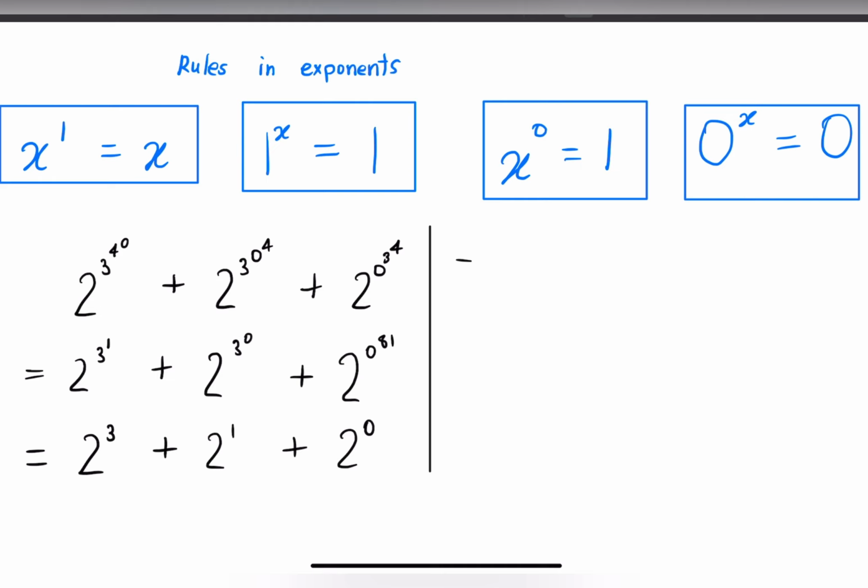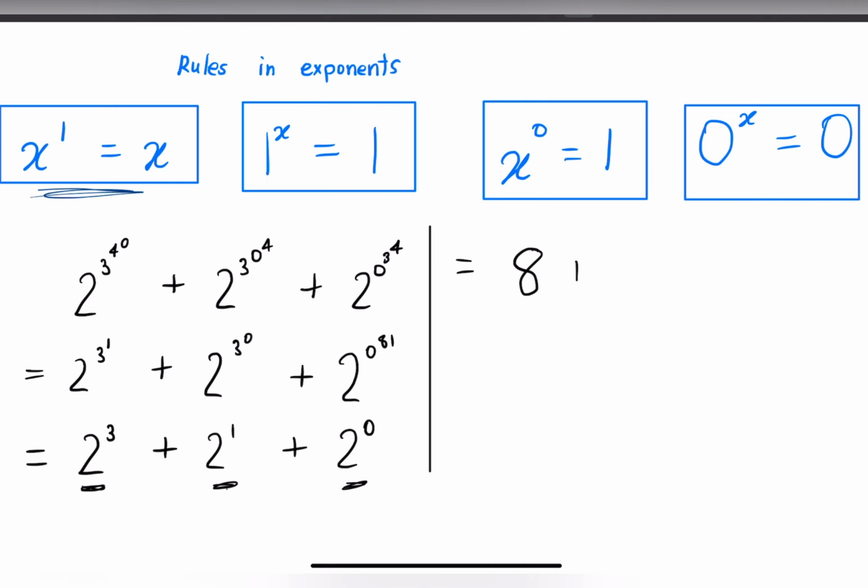So we're going to go ahead and simplify the equation because we have 2 cubed plus 2 to the power of 1 plus 2 to the power of 0. So 2 cubed is 8, because that's 2 times 2 times 2, which is 8. So we have 8. Then over here, we have 2 to the power of 1. Looking back at our rules, we have x to the power of 1, x. So that means 2.